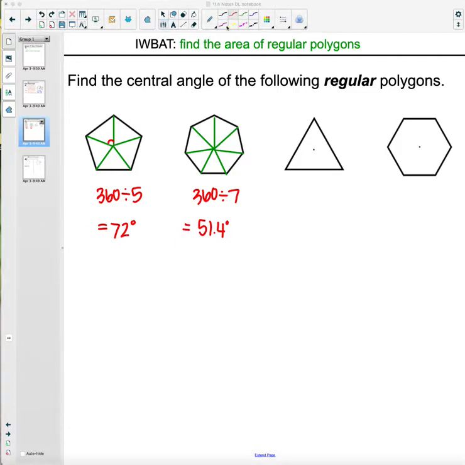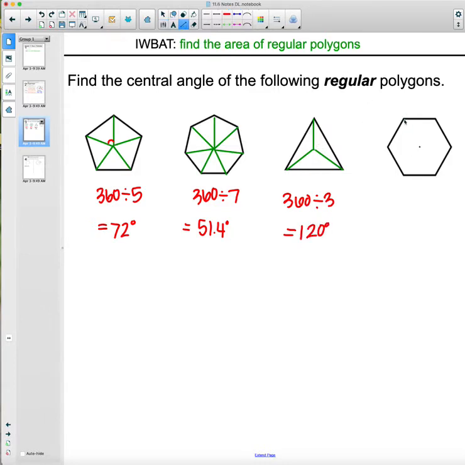For a triangle, we would end up with 3, just like the number of sides, triangle 3. So 360 divided by 3, and you'd get 120 for each of those angles. And finally, a hexagon.